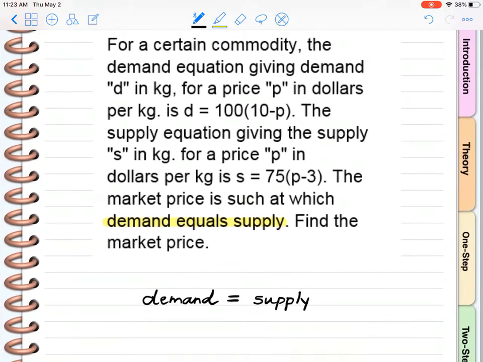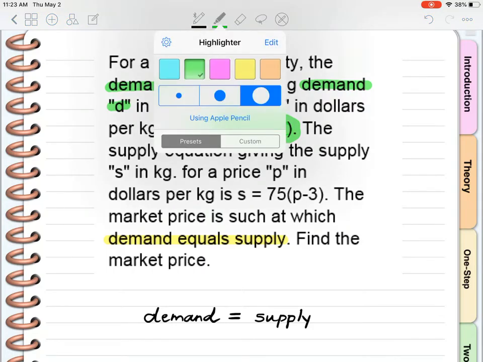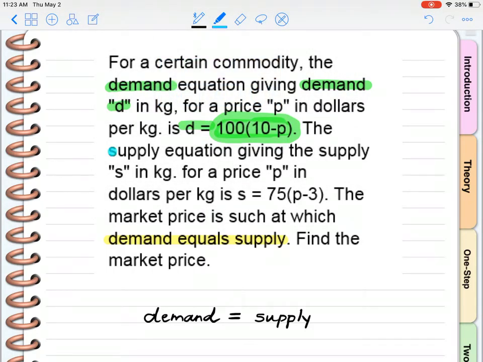Okay, so let's go back through the problem and look for the word demand. So I see it there, I see it there, I see D, and then I see this. And that is what I'm interested in right there. And then I'm going to look for supply. I see it here, I see it here, I see S, and I see this, which is what I'm interested in.